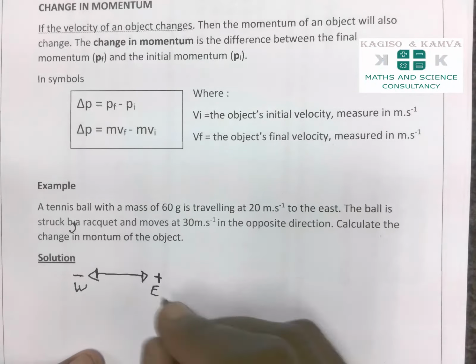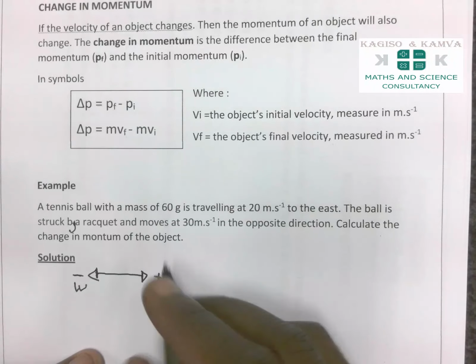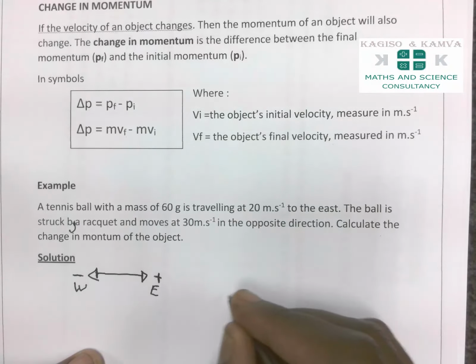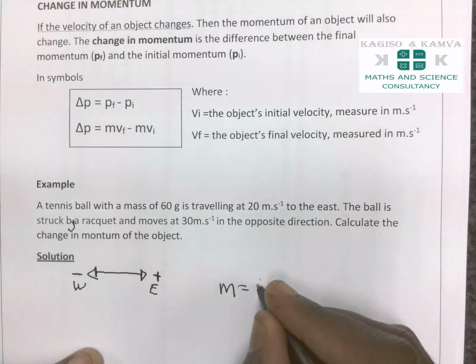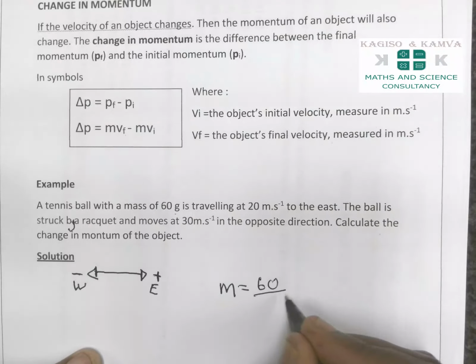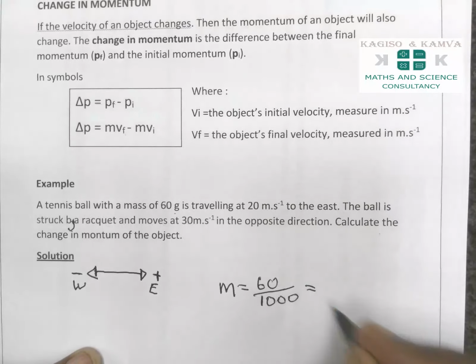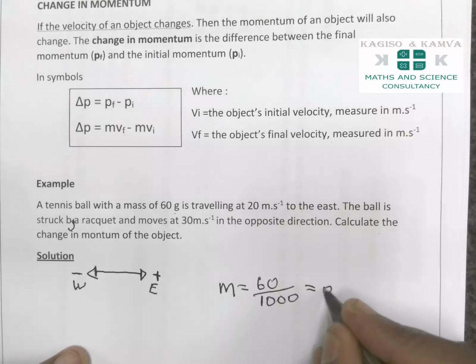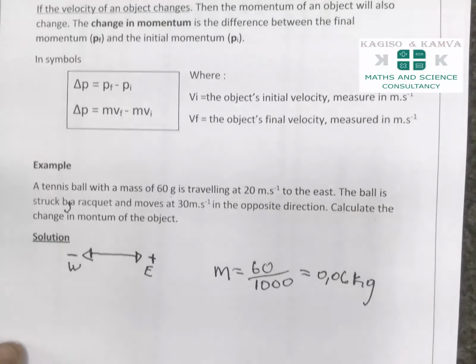Now let me collect my data. The mass of the ball is 60 grams, but we have to convert it. When you convert, we divide by 1,000, which gives us 0.06 kilograms.